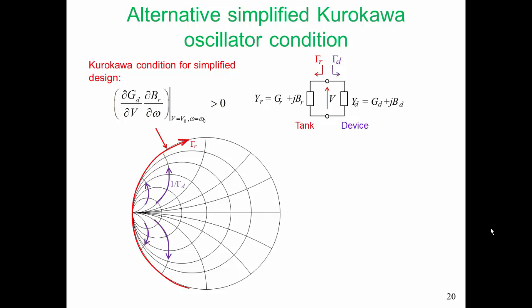An alternative simplified Kurokawa oscillation condition is shown here graphically. If the loss of our resonator network is very small, then our locus of gamma R is going to follow the unit circle. And so we could take this interpretation as well.